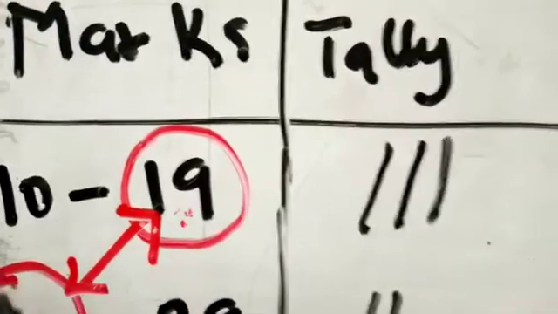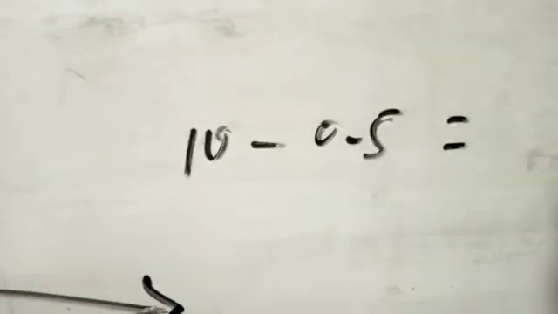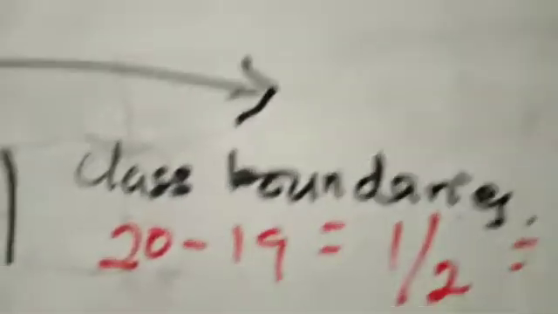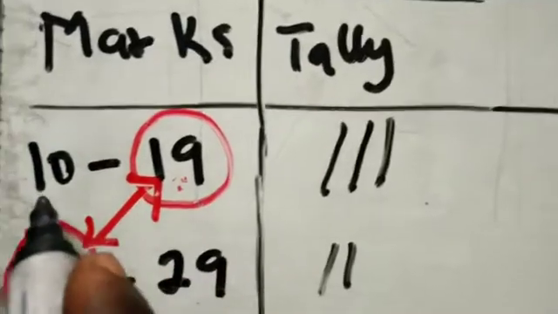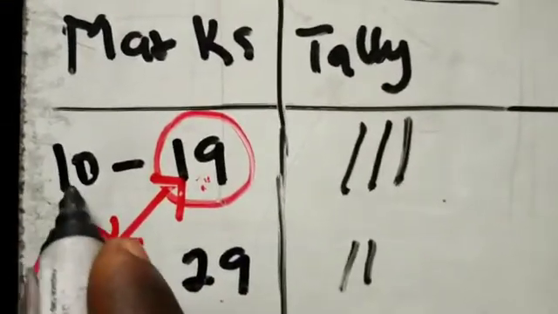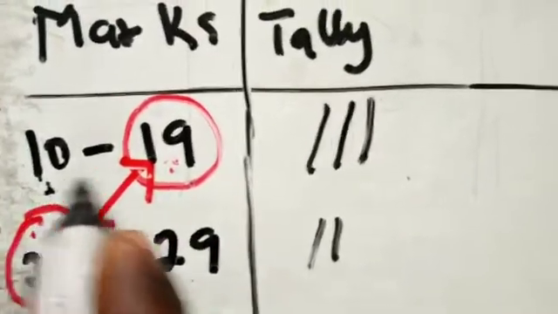So 10 minus 0.5 will be 9.5. And then you add that same 0.5 to the upper one. We are taking 0.5 from this one and giving it to this one.